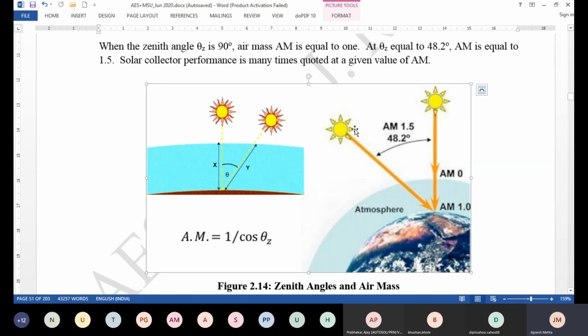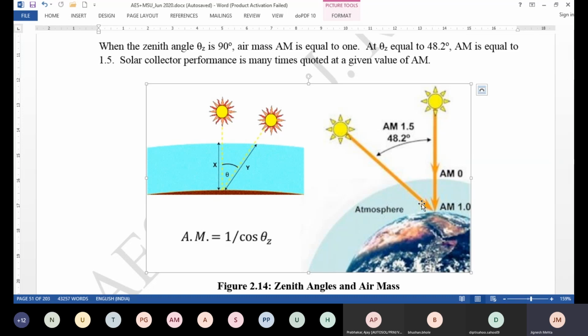Whatever is the angle at which the sun rays are coming, you can find out that angle, and 1 upon cos theta would give you the parameter called air mass. Now why is this air mass important? As it was told in the previous class, when the sun rays enter Earth's atmosphere, they undergo different types of attenuation.